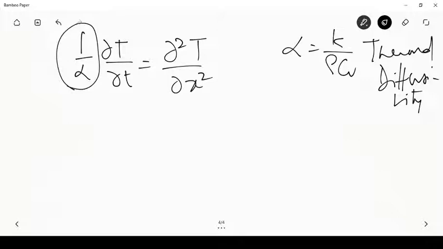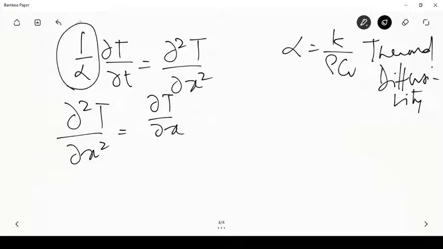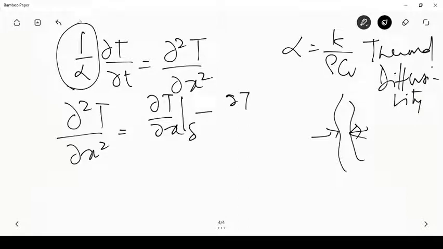So for example, let us take this term del squared T by del x squared. Okay, this is going to be del by del x of del T by del x. So I can say del T by del x, and we are looking at it in the region of the skin layer. So it will be del T by del x at x is equal to delta minus del T by del x at x is equal to 0, divided by delta minus 0.